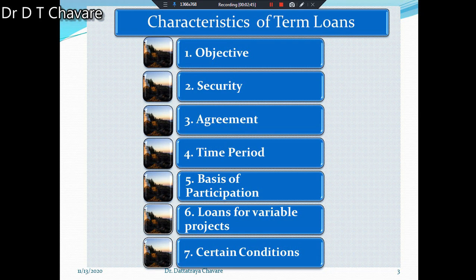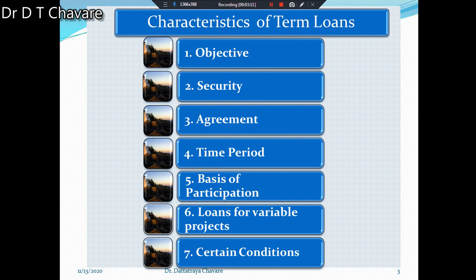This is the second objective of the term loan. And the third objective is for retiring or redeeming bonds or preference shares in order to reduce the burden. These are three objectives for borrowing term loans.